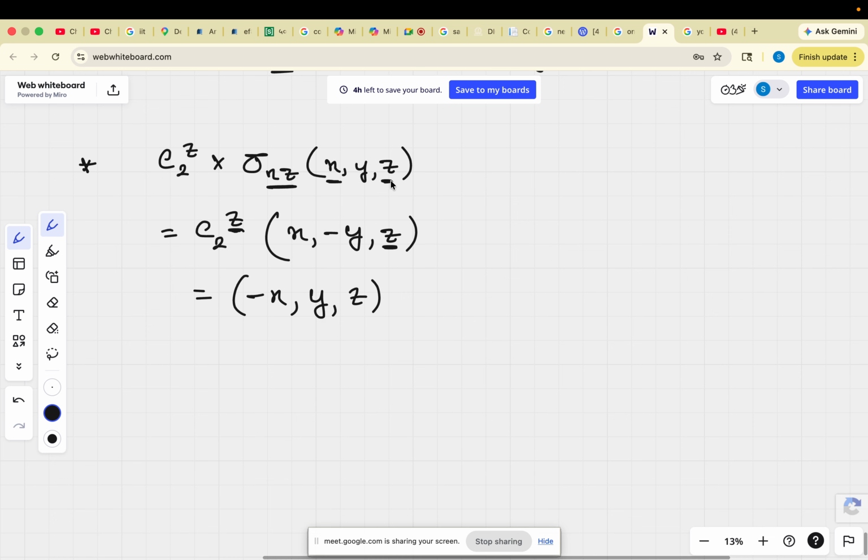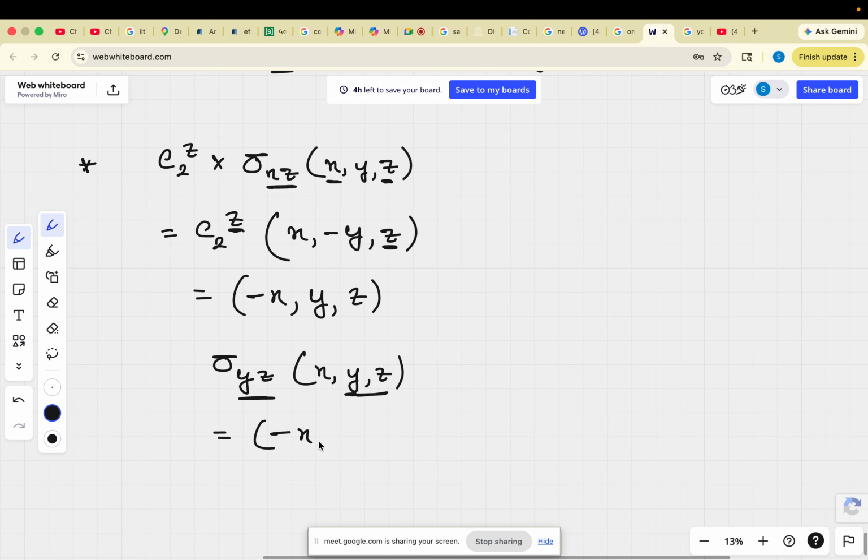How can you get this minus x comma y comma z directly from xyz? So x is getting minus, so that means you can apply sigma yz on x y z. If I am applying sigma yz on x y z, yz is here, yz is also here, so no need to change in yz, only x will change.